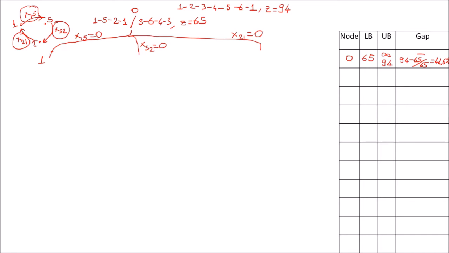In this node, we are setting x15 to be equal to 0. And how can we do this? In the distance matrix we set d15 to be big M, and for big M we used 100. We just change it to 100 and, using the Hungarian algorithm, solve this problem again.